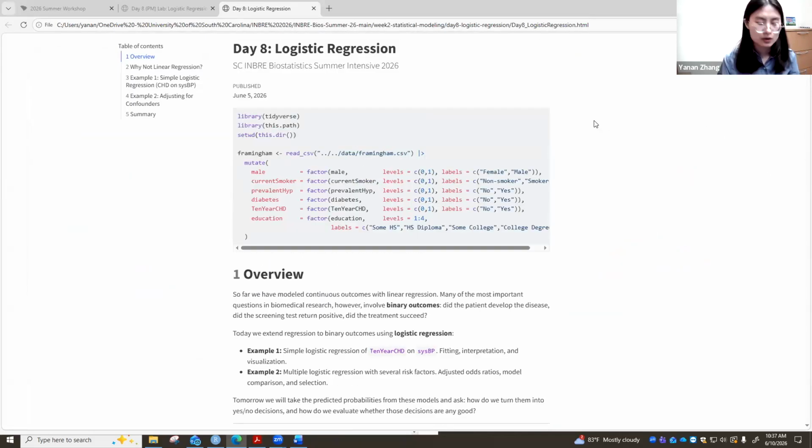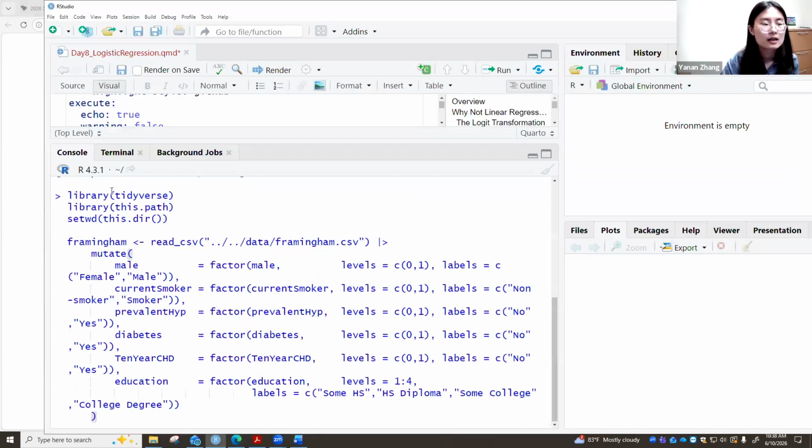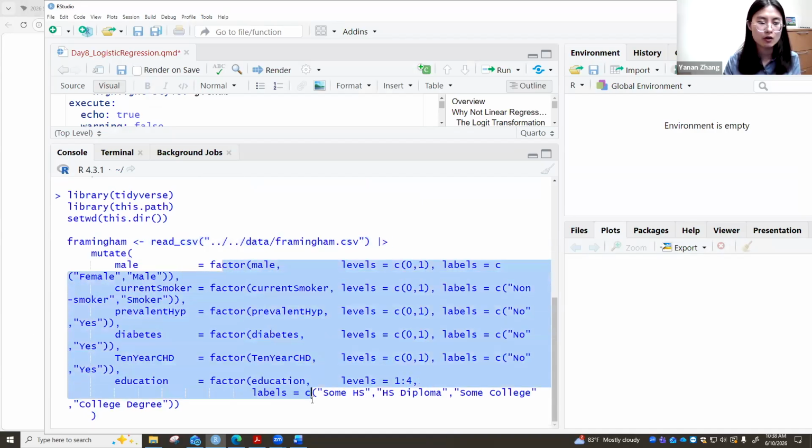All right. So let's first use this data set, the Framingham data we used before. Here, I want to first load the package, read in the data, and prepare the data by changing those variables into factors. Okay.